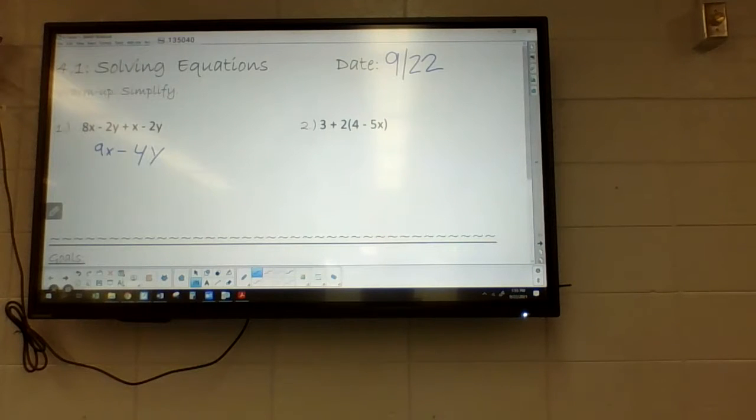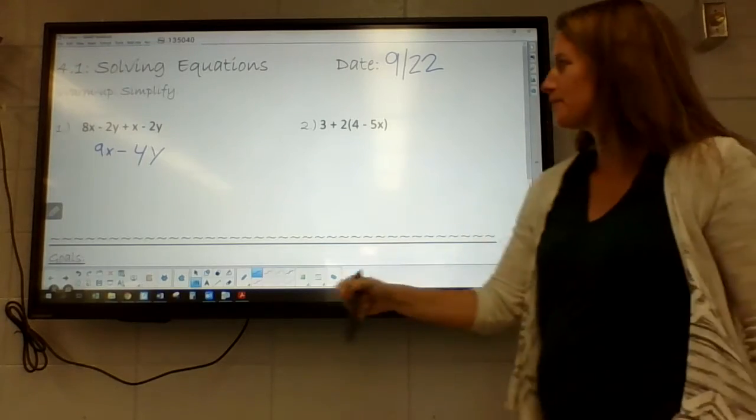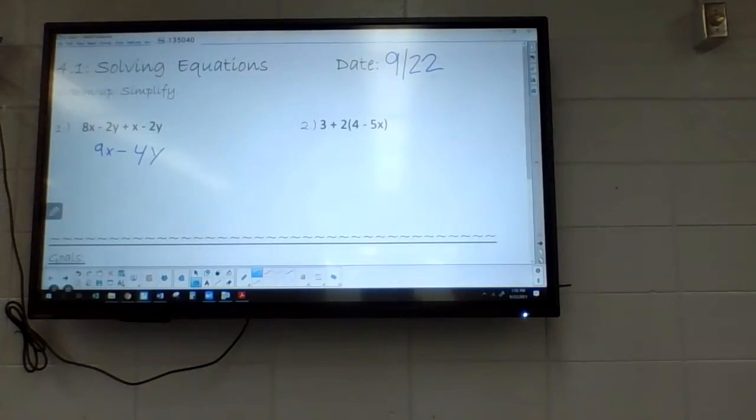Now, number 2, I picked this one because it is a tricky one. There's a really easy mistake to make. Can I go up there? Yeah. You're going to make the tricky mistake.